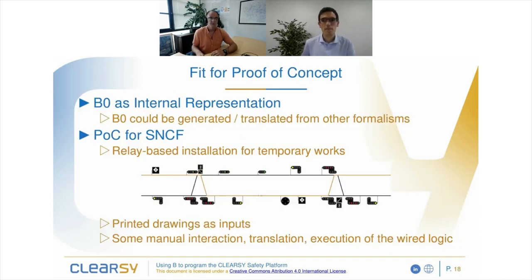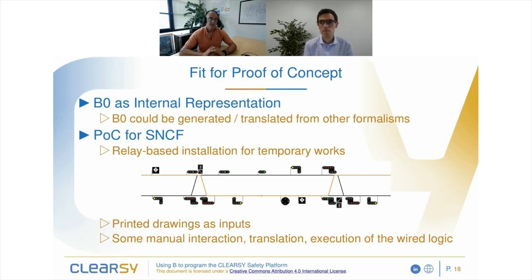And just the last two slides before going to industry. I told you that we can use B0 for the internal representation, and we could connect a DSL through a dedicated translator to the toolchain and the platform. We did a proof of concept for the French railways.